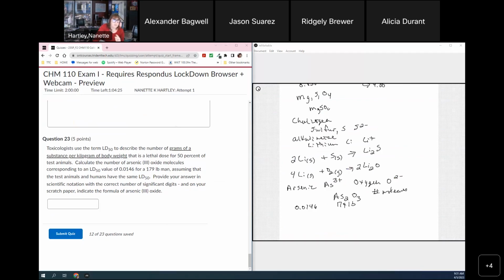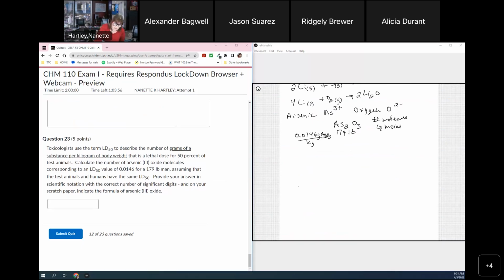When I look at this 0.0146, this is grams of As2O3, because it's grams of substance per kilogram of body weight. Okay, so those are the units that go with that number. All right, fine. I need to get to number of molecules, so that means I need to get to moles. In and out, convert to moles.